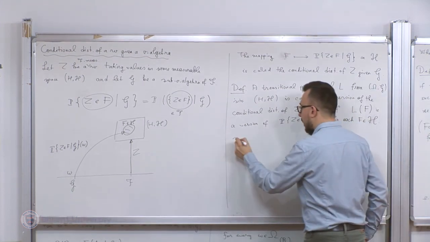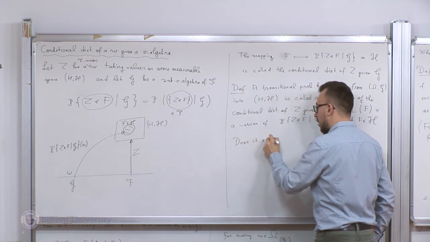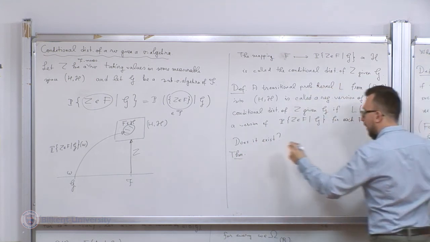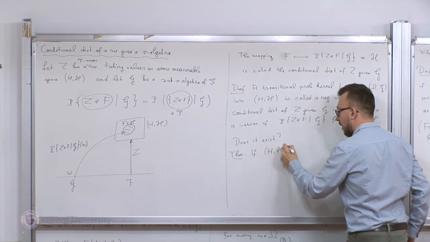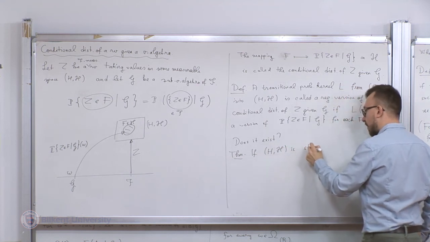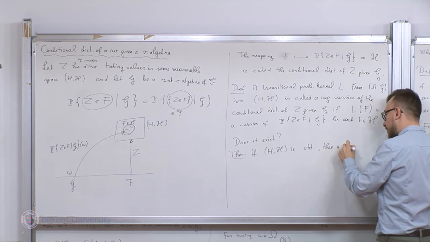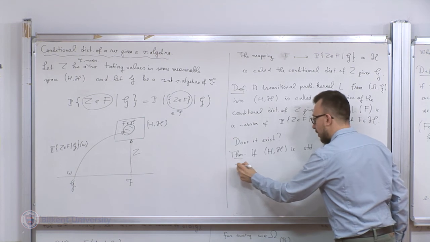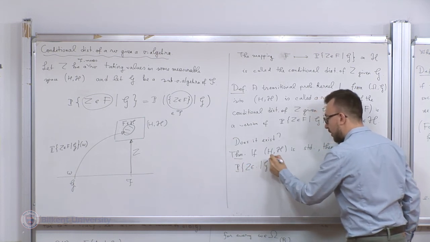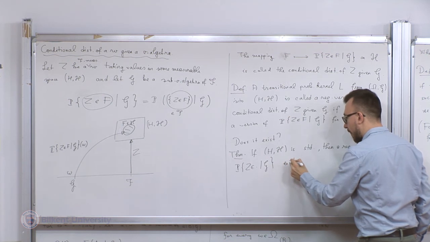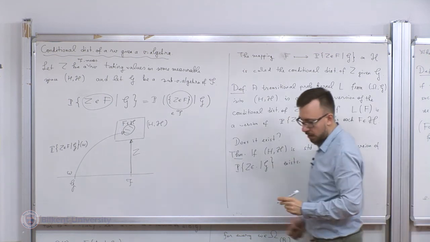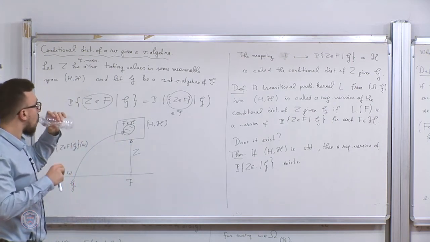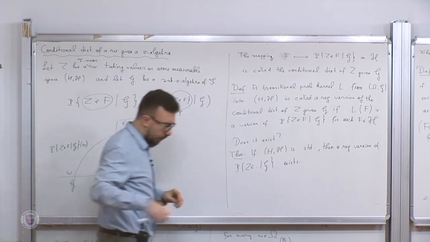And does it exist? Yes. We have an analogous theorem. If the image space is standard, then a regular version of the conditional distribution exists. Again, we omit the proof.